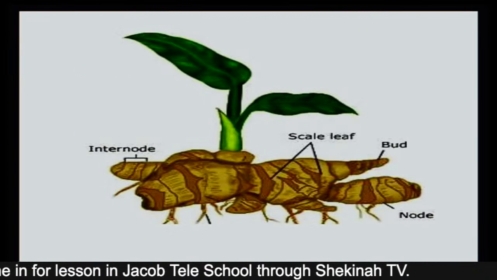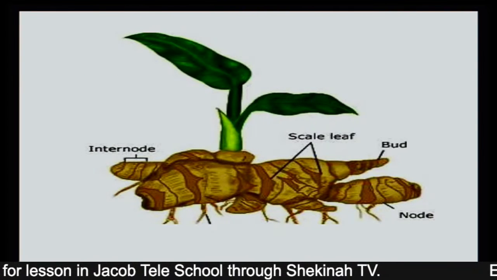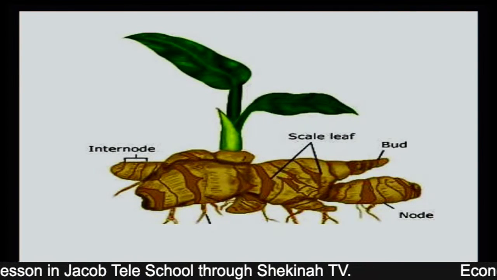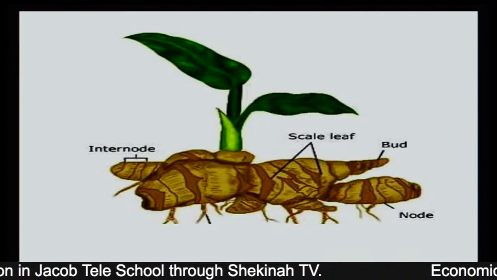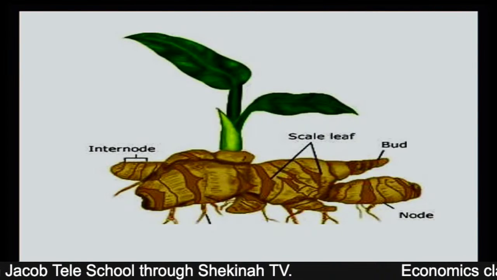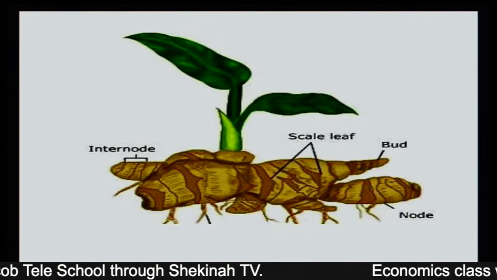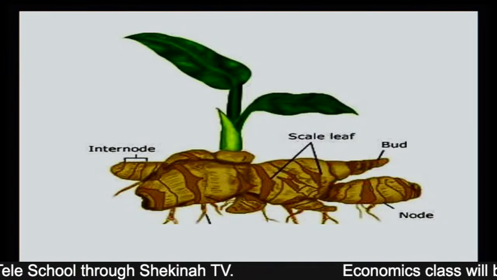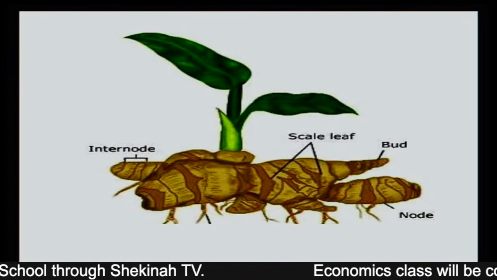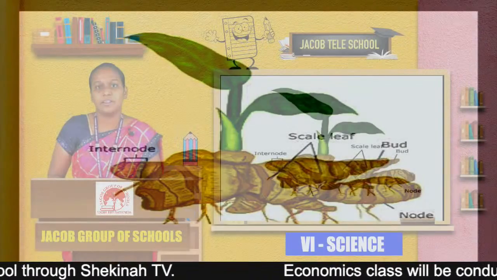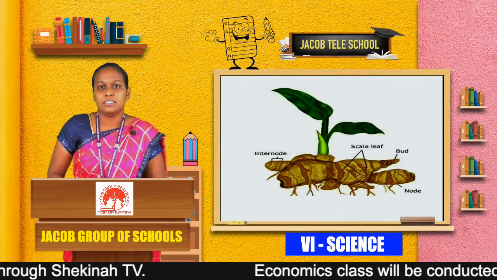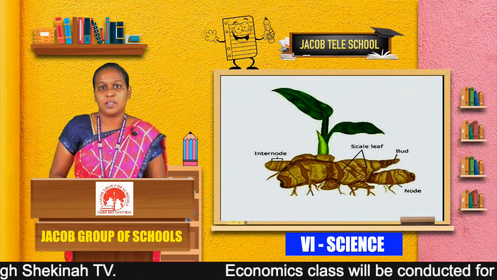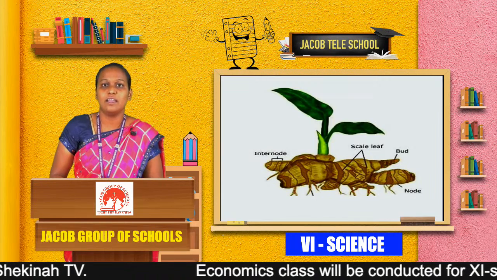See here. Look at the screen. So ginger is not a root. It is a stem because ginger has nodes and internodes. Nodes and internodes will definitely be there. So ginger is one of the stems because it has nodes and internodes.